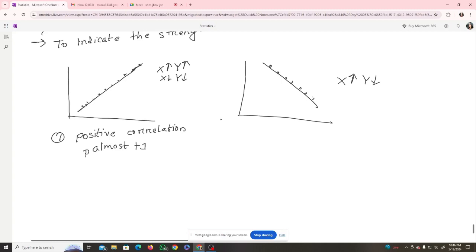Alright, so in this case, you can tell that it is a negative correlation, and the value of P is almost -1.